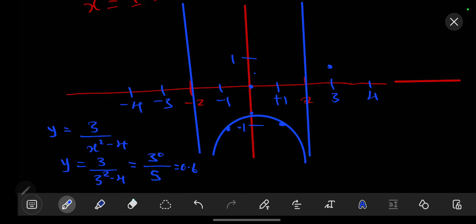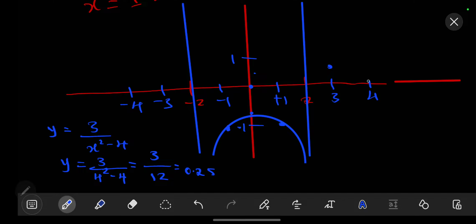Then I also put a 4 and see the behavior of my graph. I'm going to have 3 over 4 squared minus 4. You will realize that 4 squared is 16, minus 4 is 12. So 3 over 12 is the same as 1 over 4, and 1 over 4 is the same as 0.25.